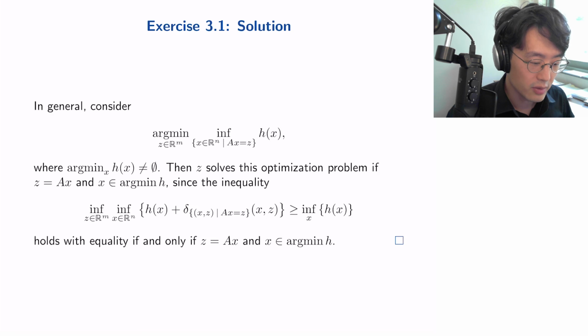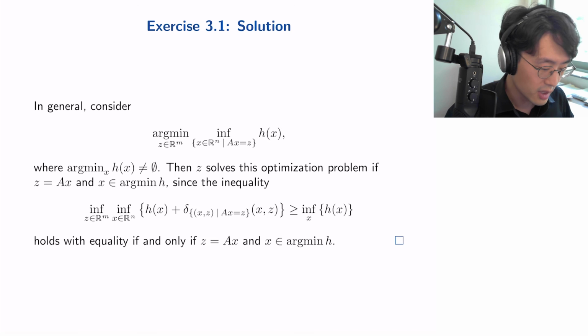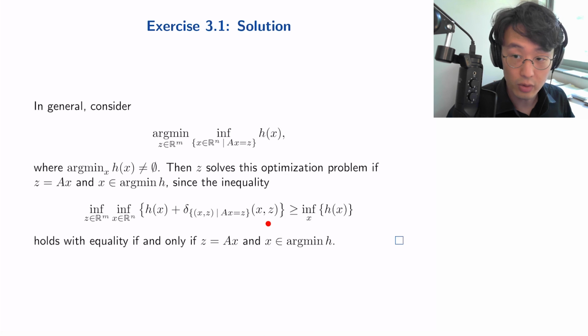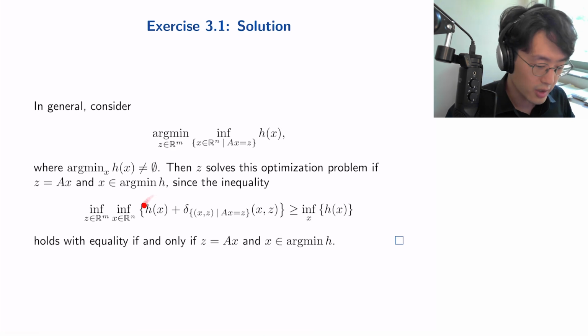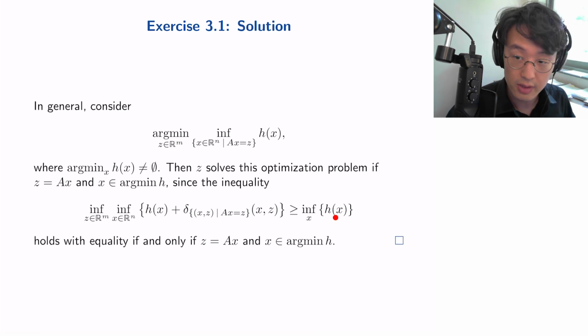So the argmin over z solves this optimization problem. But this objective on the inside is lower bounded by the infimum of h over x, because this objective has h and then this delta. But delta is 0 or infinity, so it's lower bounded by 0. So the objective is always lower bounded by h itself.